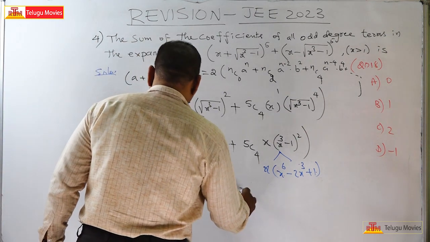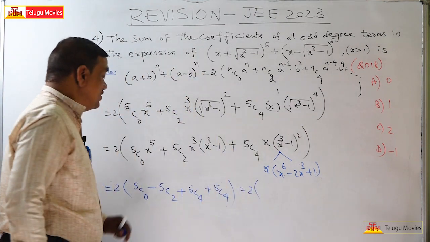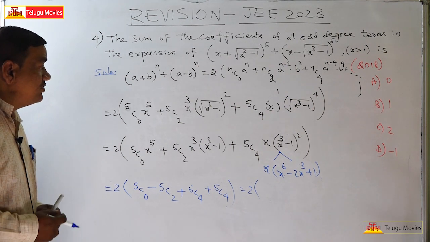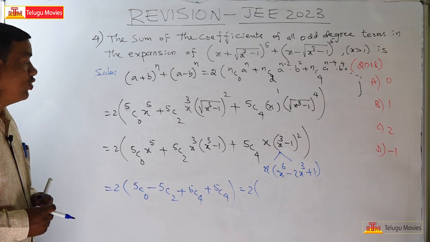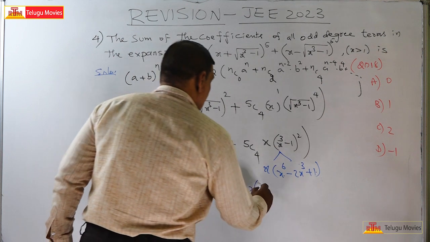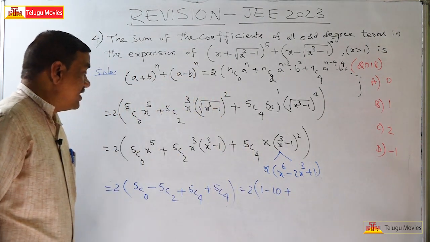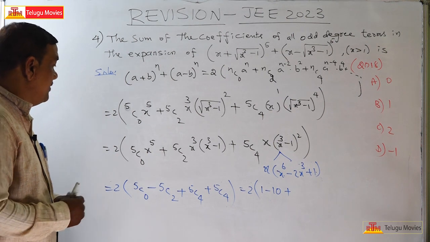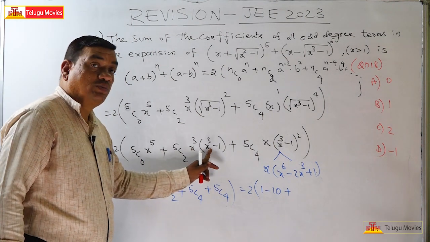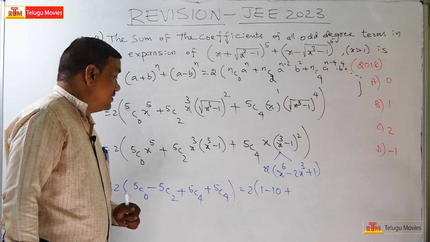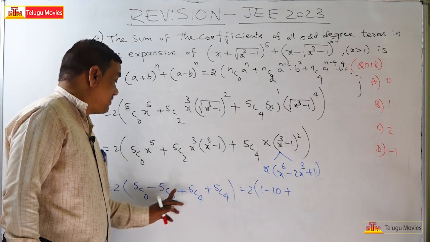Let us check here. This is equal to 2 times 5C0, and 5C0 means 1, minus 10, plus this is a 10. One second, you check here. So here x^3 into x^6 you will get an even number. This is minus 5C2.